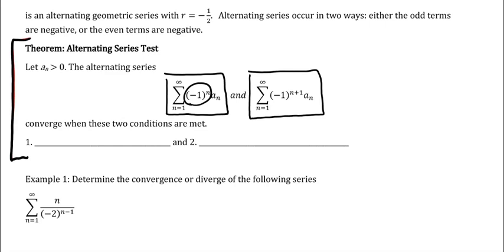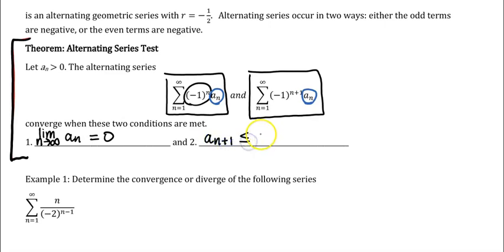And the test states that the series converges when two conditions are met. The first is that the limit as n approaches infinity of the sequence that's attached to that series, so there is a sequence going all the way back to 9.1, the limit of that sequence needs to be 0. And additionally, that sequence needs to be decreasing.